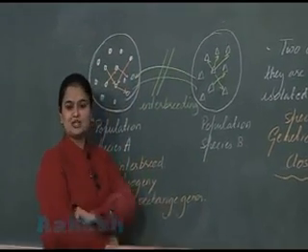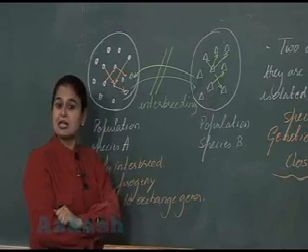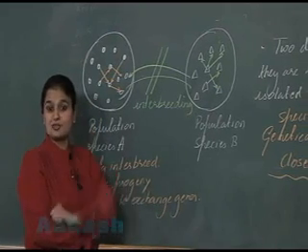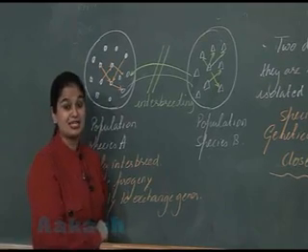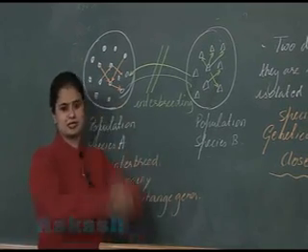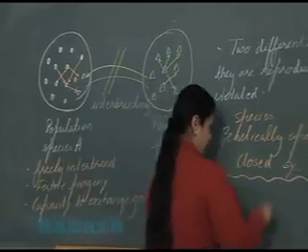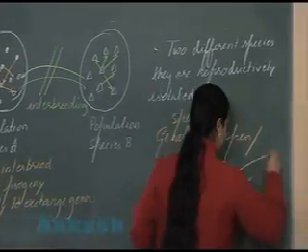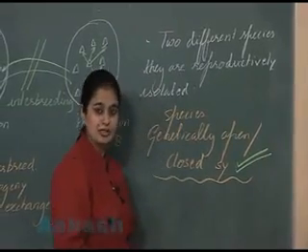If genes cannot be exchanged with different species, surely what will you say? We will say it is a genetically closed system because it cannot exchange the genes. Genetically closed system. So you got this?